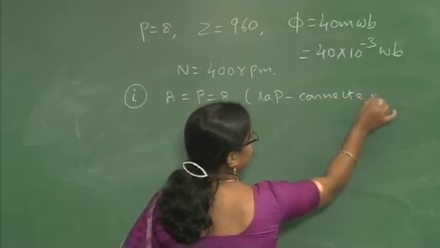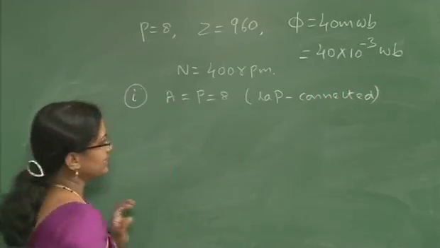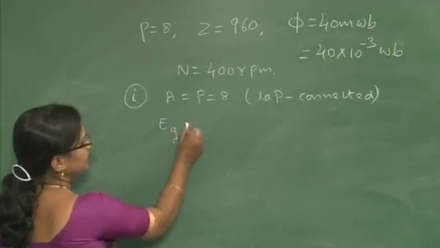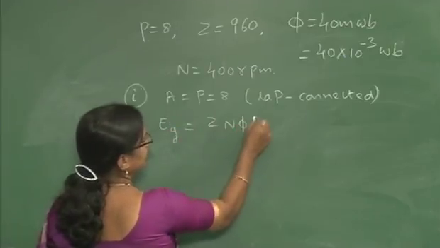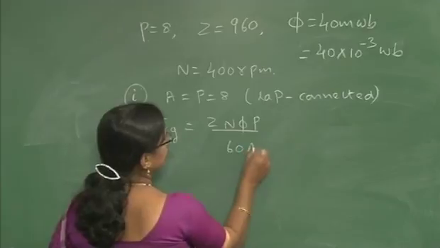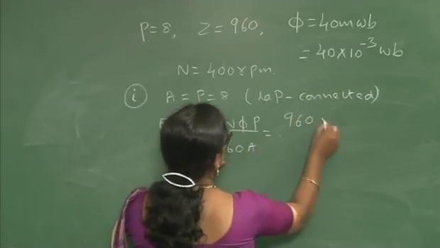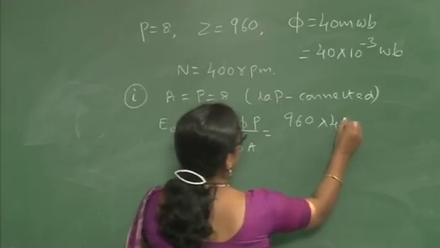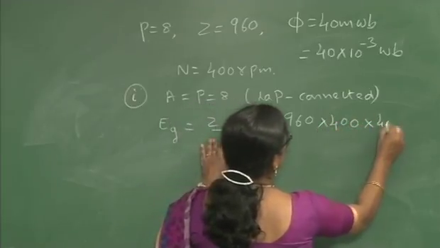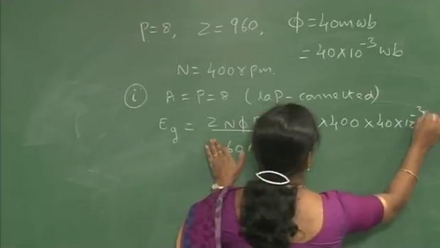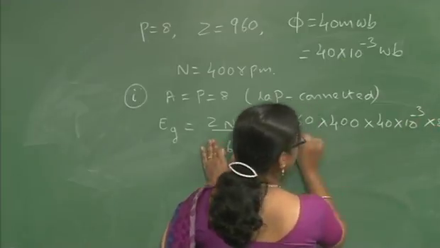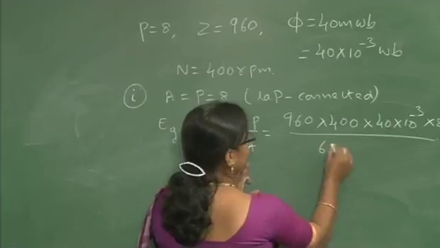The winding is lap connected. So, in this case you have to find out Eg. Eg is ZNphiP divided by 60A. Substitute the values: Z is 960, N is 400, phi is 40 into 10 to the power minus 3, the number of poles 8, so 60 into 8.